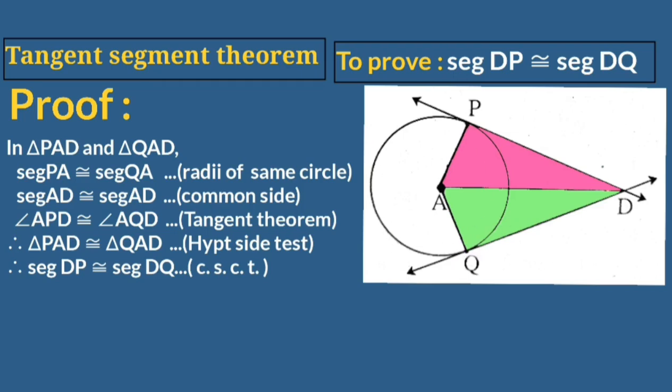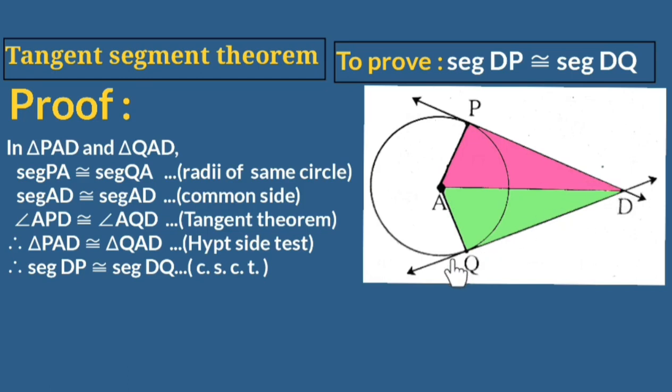Now in this circle with center A, segment DP is the tangent and point P is the point of contact, and the radius drawn through the point of contact is radius AP. By using the tangent theorem, the tangent is perpendicular to the radius drawn through the point of contact, means radius AP is perpendicular to tangent DP, means this angle is 90 degrees.